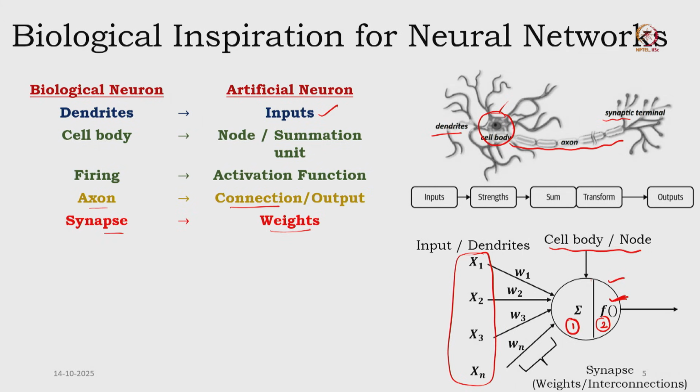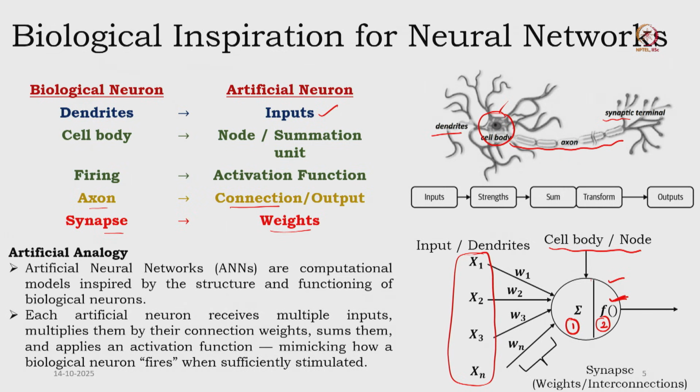With all of this correlation between biological and artificial, now let us look at what exactly an ANN, that is an artificial neural network, is. In biology we were dealing with electrochemical signals, but here it is artificial, where you deal with numbers and perform arithmetic operations.